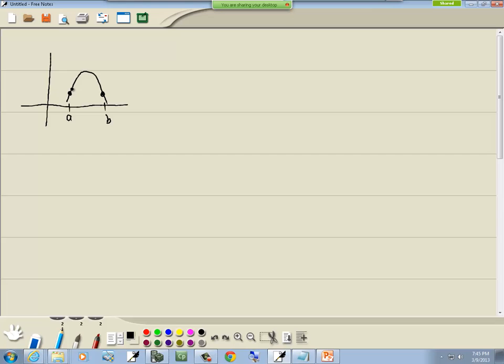But in a sense, if it crosses here and crosses here, what goes up must come down. Now, leading up to this point, my slope of the tangent line is positive. When it reaches the top up there, my tangent line becomes horizontal, and for a horizontal line, m is equal to 0.